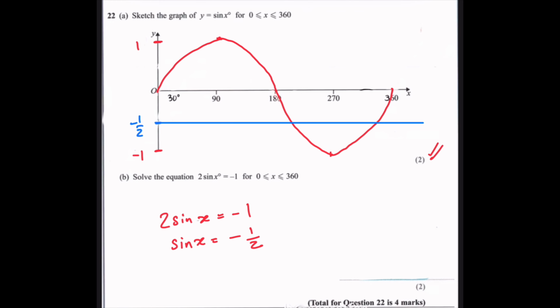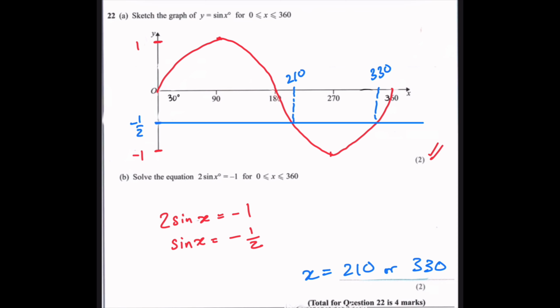And I'm looking for the points where this works. So I'm going to go up to this point, and I'm going to go up to this point. If your graph is really accurate, you'll be able to read off, which you kind of have no choice here because it's a non-calculator paper. So this gives you two answers. There's 210 here and 330 here. So your answer is, when sine x equals minus a half, x equals 210 or 330.